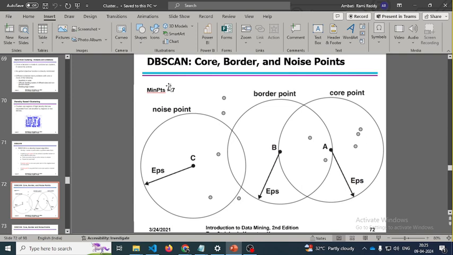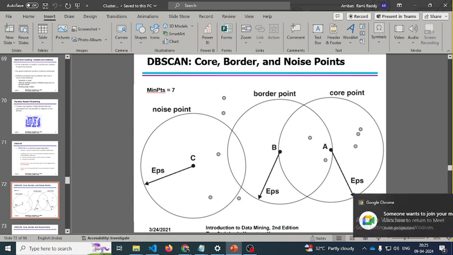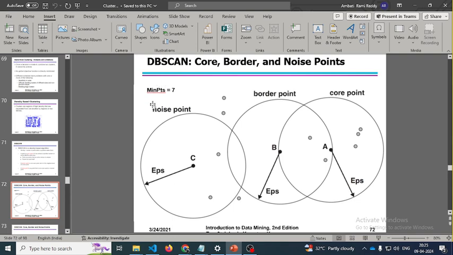So DBSCAN is basically density based scanning. Based on the density, you already know the number of points present. In this example, see here, there are some points: 1, 2, 3, 4, 5, 6, 7.